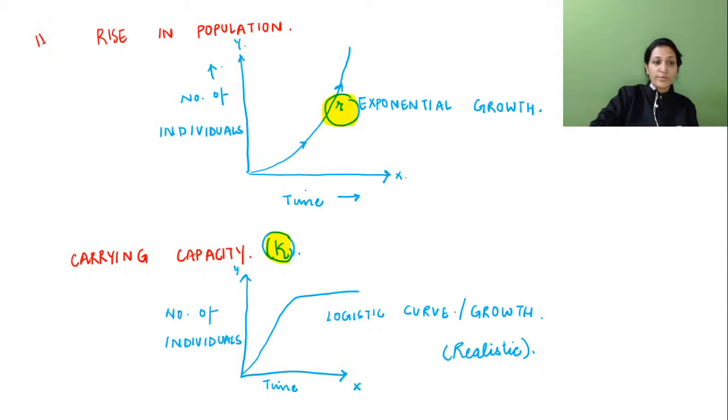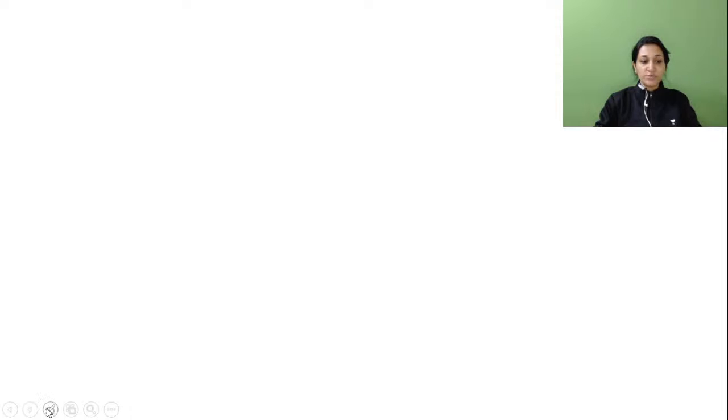So rise in population is going to give you an exponential curve, and carrying capacity is going to give us a sigmoid curve. So these are the two things that you should keep in mind. When you have seen these two things, you need to see the R selected species and K selected species.